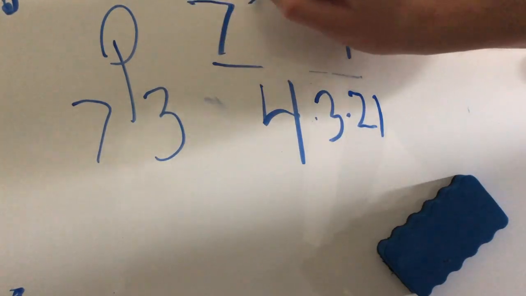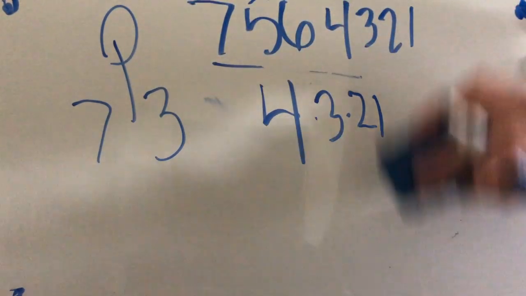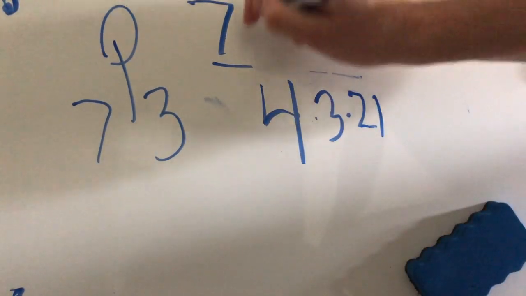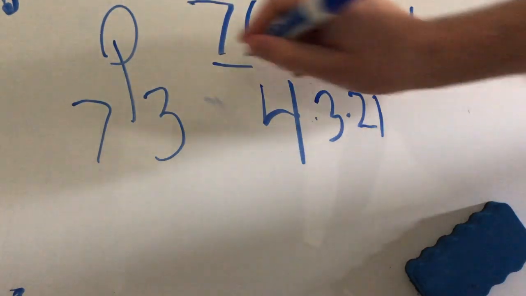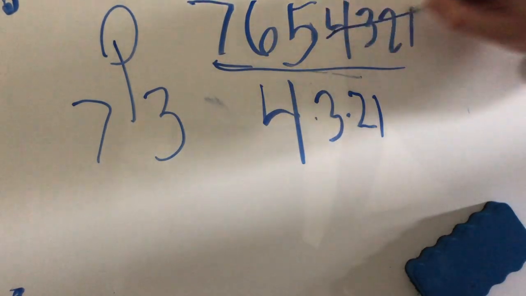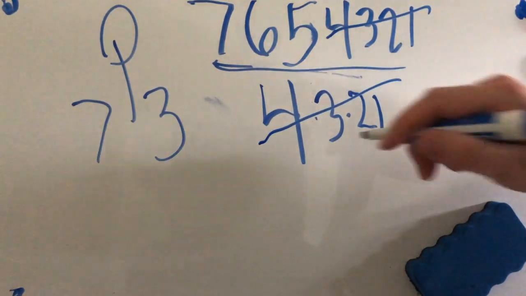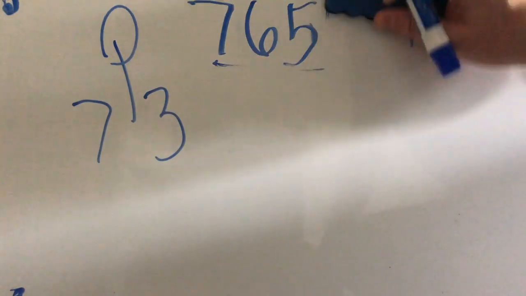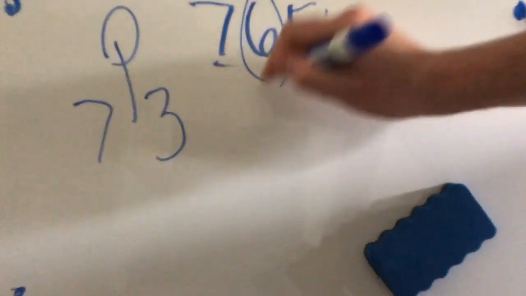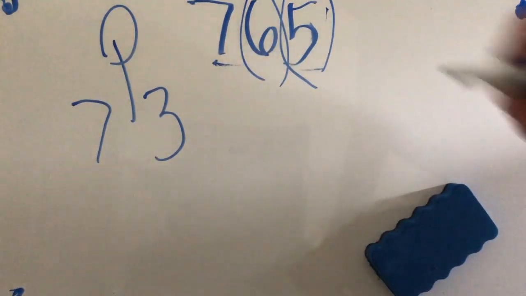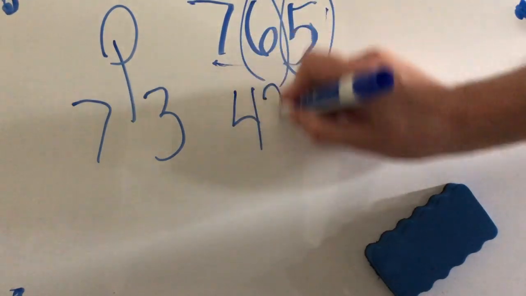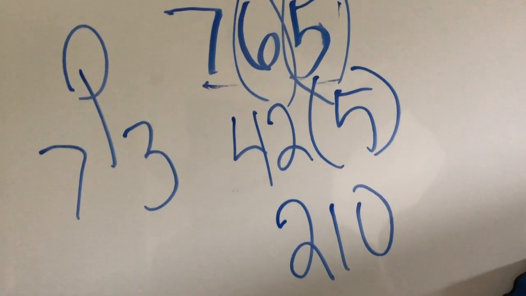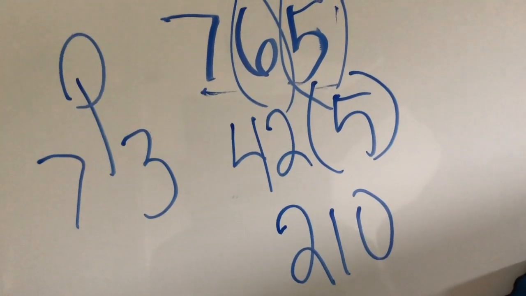So we have 7, 6, and 5. 4, 3, 2, 1 cancel. This just makes a 1 below, so that makes it a whole number. So now I'm dealing with 7 times 6 times 5. 7 times 6 is 42. 42 times 5 is 210. There you go.